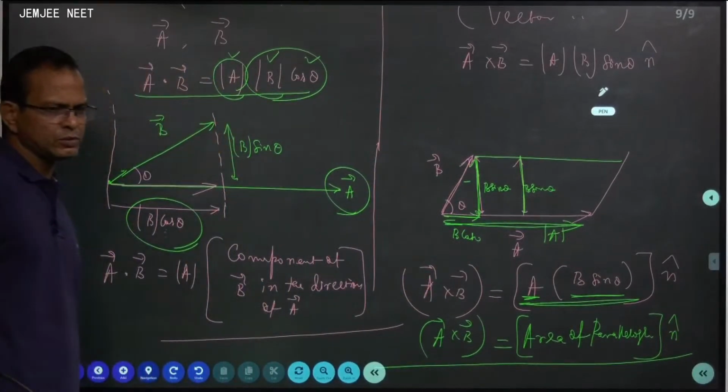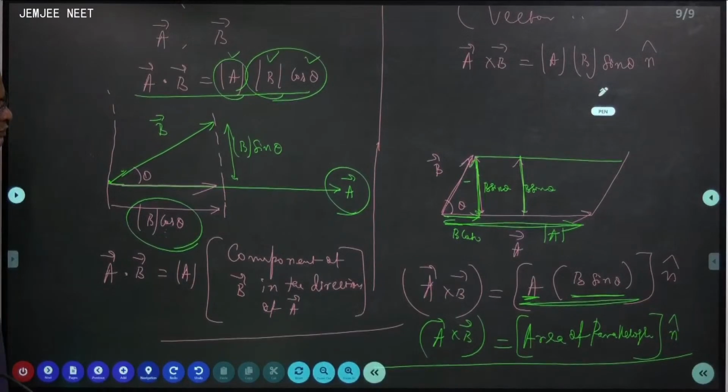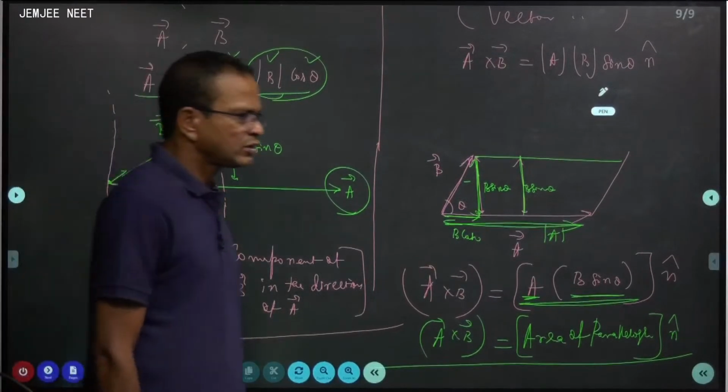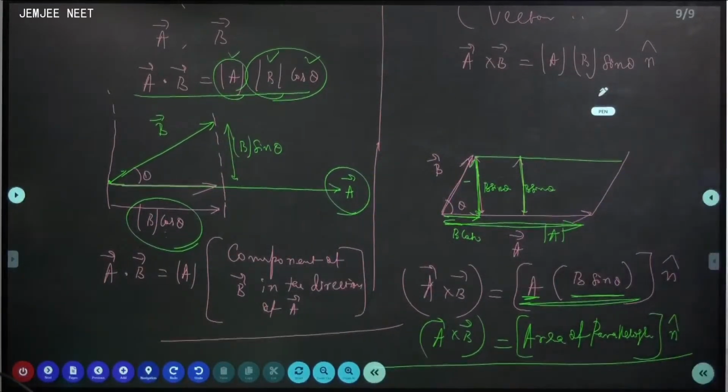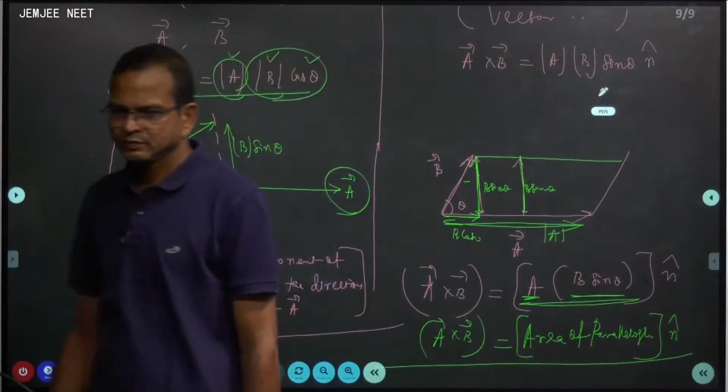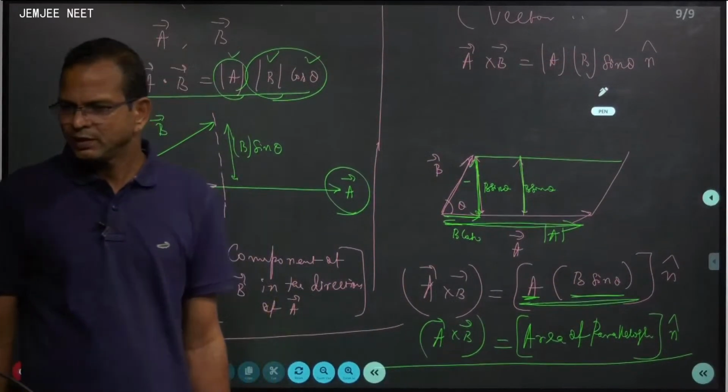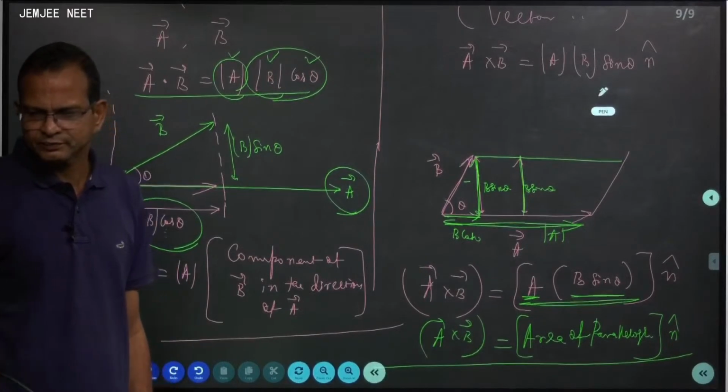Dot and cross product rules, come on, please. Dot product, cross product, any rule? Any doubt? Not getting any reply.